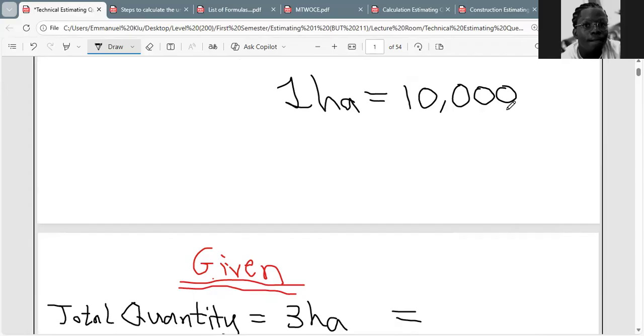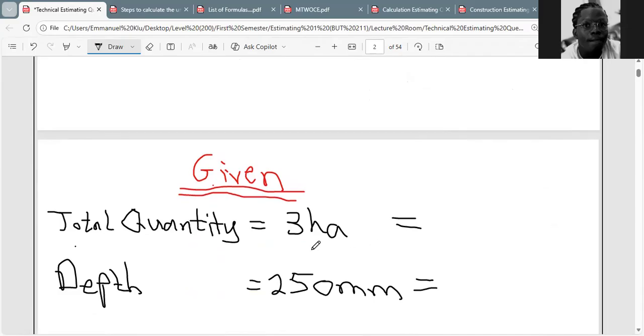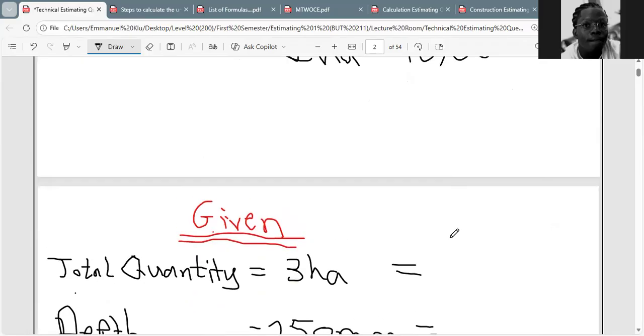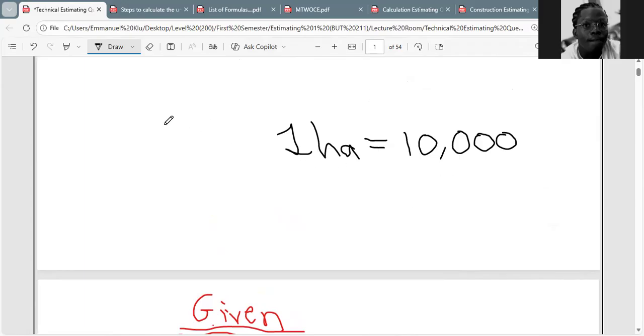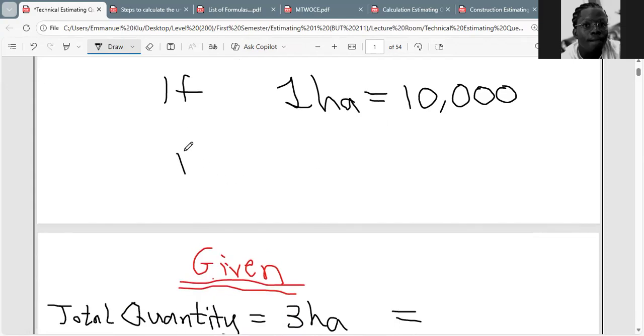So at the end of the day, this our 3 HA, what is it going to be equal to? You realize that it's going to now be equal to 30,000. This is because if we are saying that 1 HA, which is a constant, is equal to this, then our 3 HA is equal to x.